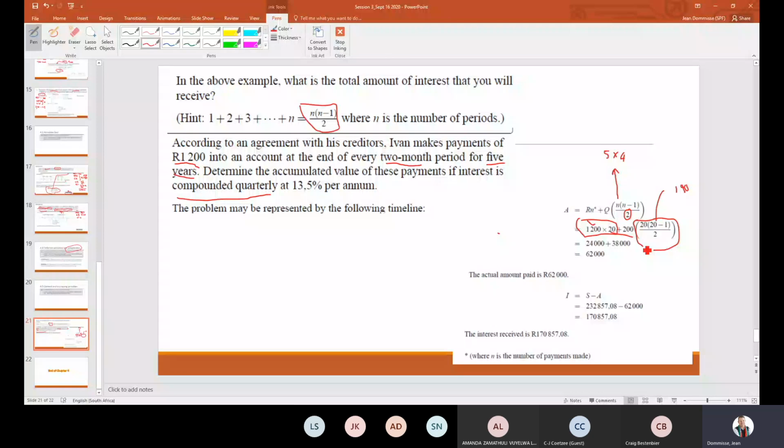There must be something missing here. Let me quickly go through it. Ivan makes a payment of 1,000 into an account every month. Accumulate the value of this payment if interest accrues at the end. Okay, so I just want to see where the 200 came from.